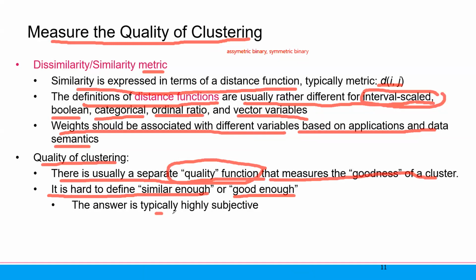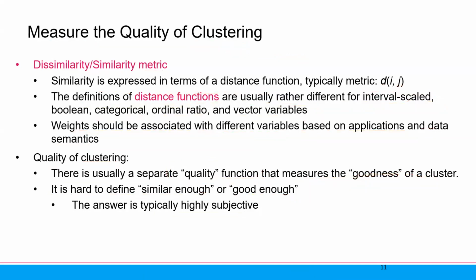And the answer is typically highly subjective. So it depends. It really depends on your data. It really depends on the expert. It really depends on the knowledge and so on. So the quality of clustering will depend on many things.